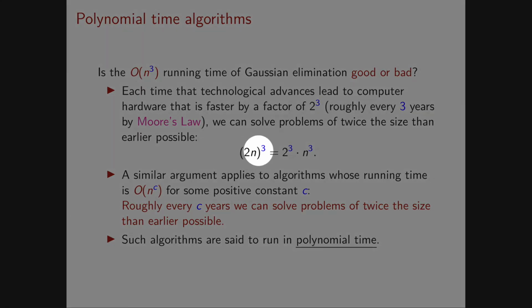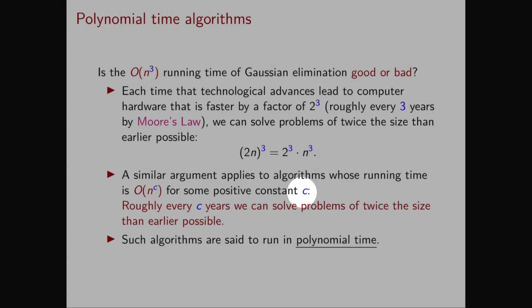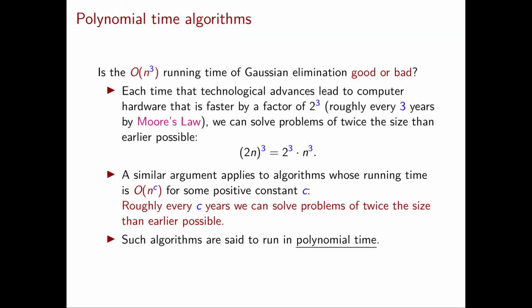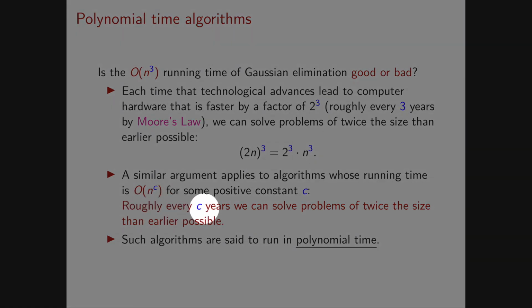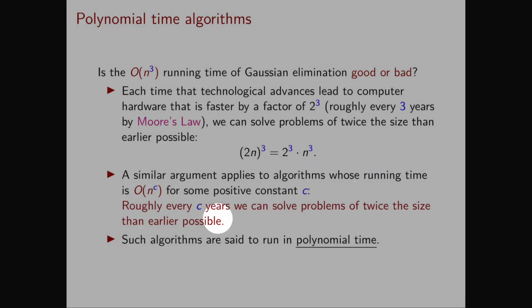Of course, this argument doesn't really depend on the 3 in the running time, but you could replace 3 with any constant c. Then the takeaway of all this discussion is that roughly every c years we can solve problems of twice the size than earlier possible.